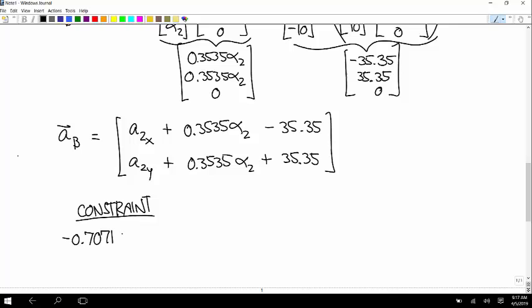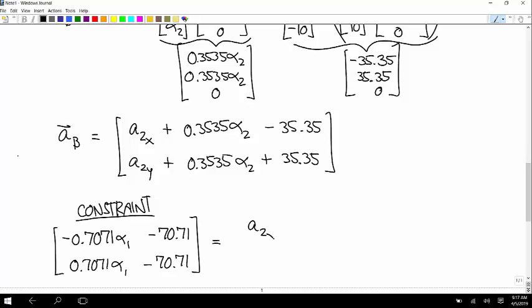Negative 0.7071 alpha 1 minus 70.71 for X. And for Y, positive 0.7071 alpha 1 minus 70.71. And we're setting that equal to what we just calculated, the acceleration of B on member 2.